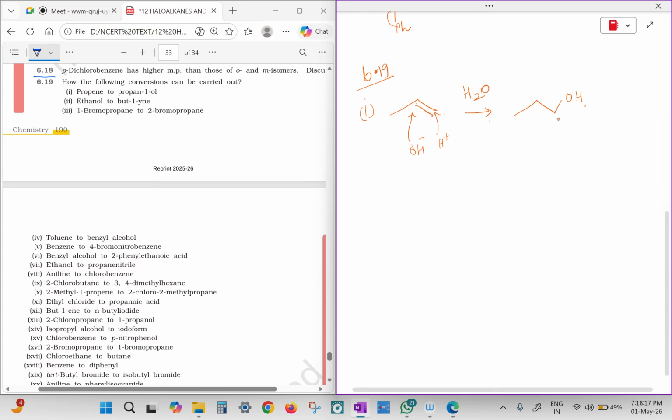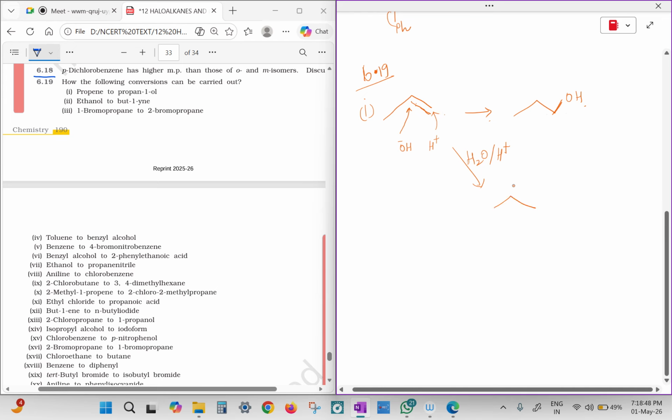Yes, ma'am. But you want it on the first carbon. When we go to the second lesson, we have a special reaction called hydroboration oxidation, where you can get selectively this alcohol. So hydration is not a good idea now, because if you do normal hydration, H2O in the presence of H plus, water will be added, but OH negative part will go to that carbon which has less hydrogen and positive part to that carbon which has more hydrogen.